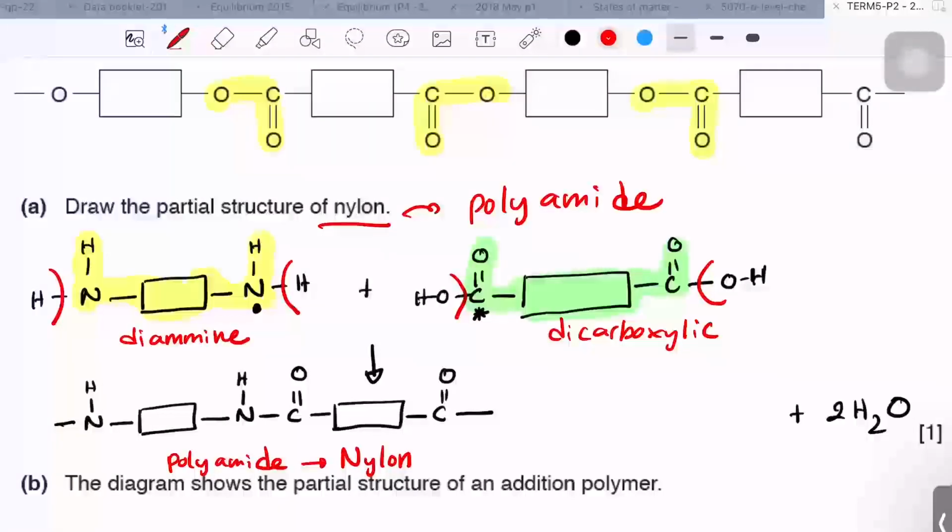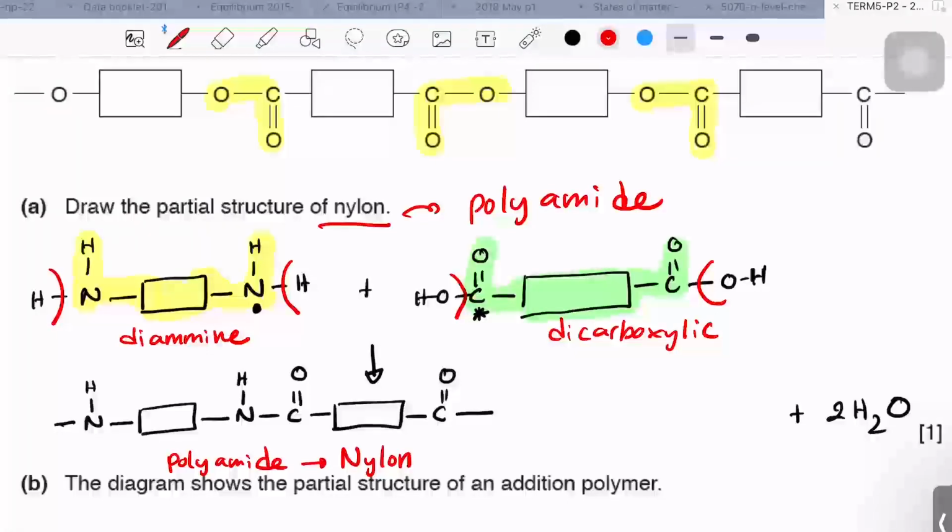That's the partial structure of nylon. Right, quickly through. So nylon is a polyamide. Pterylene is a polyester. But both are under condensation polymers.